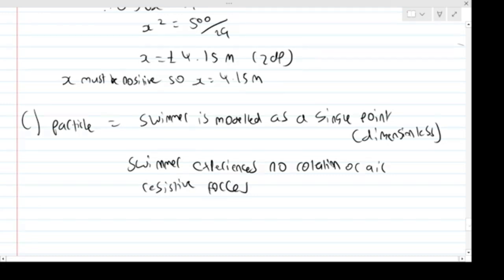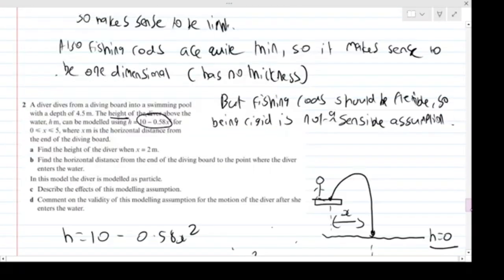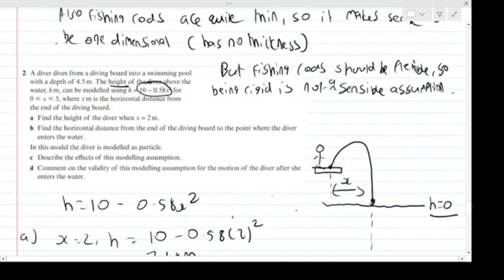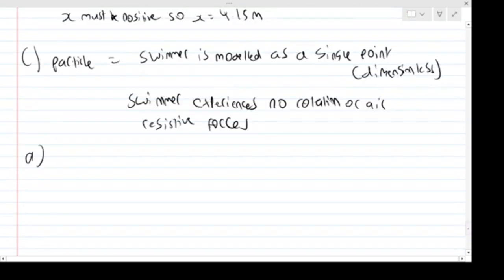And also the swimmer doesn't rotate or turn in any way. It completely dives straight on. Okay, then those are the assumptions of a particle. Then part D, lastly, comment on the validity of the modelling assumptions for the motion as the diver enters the water. So once it enters the water, how valid or sensible would these assumptions be?